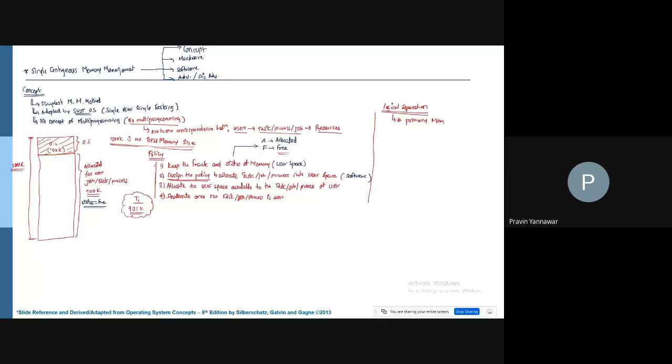Okay, now to perform this logical separation, we need a hardware. We don't need any special hardware as far as this policy is concerned, as far as this single contiguous memory management is concerned. No special hardware is required.